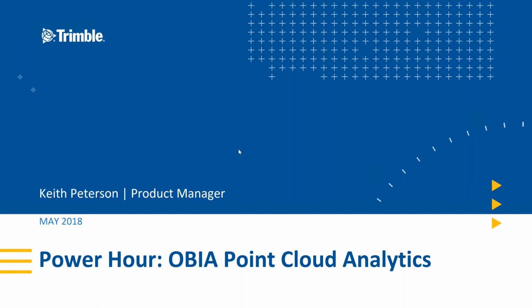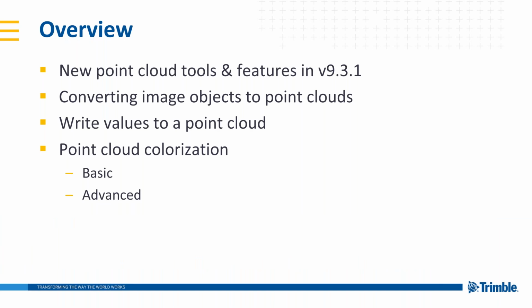So that being said, let's get right into our topic today, point cloud analytics within eCognition. Just a brief overview of what we'll be looking at. First, we'll introduce some of the new point cloud tools and features that are available in version 9.3.1, the latest version of eCognition Developer.